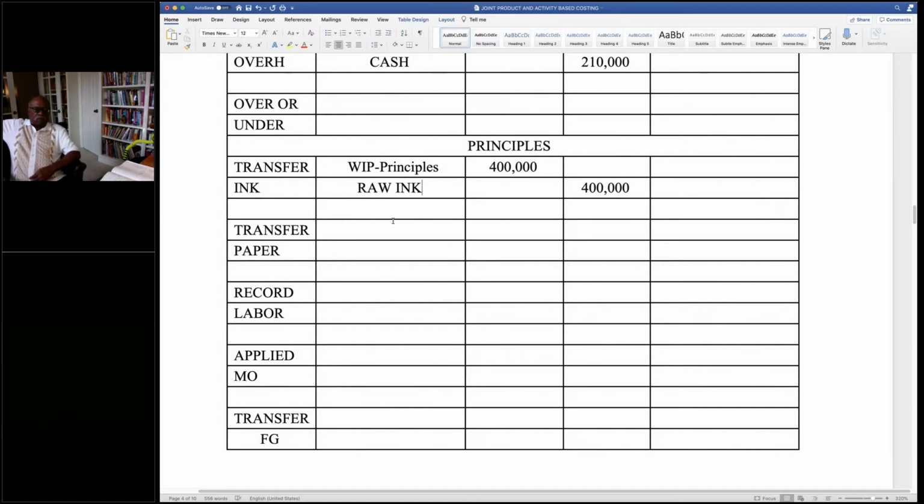So we label it to be able to tell the difference later. The next purchase for principals was that they bought 20,000 units of paper. Paper costs $10 for each unit. So then they're going to spend $200,000 on paper. We're going to debit work in process principals and credit raw materials paper.